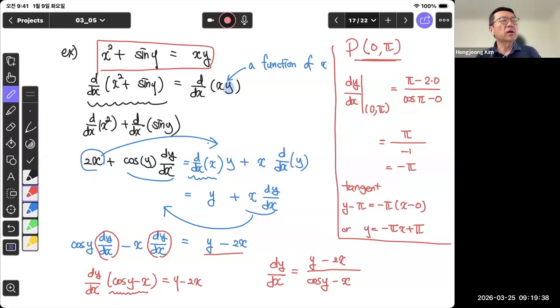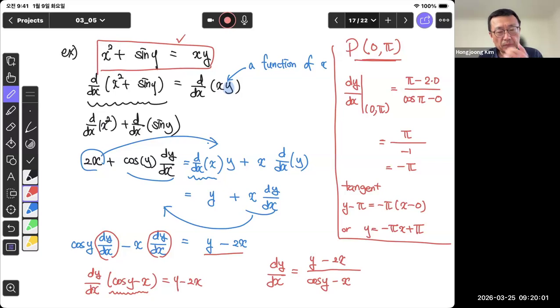So in this way, we can find the derivative of y with respect to x when some implicit relation is given. And as I said, given such implicit relation, you don't have to express y in terms of x.